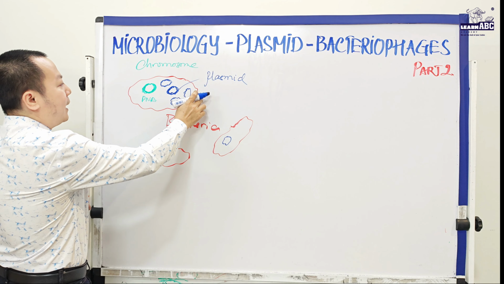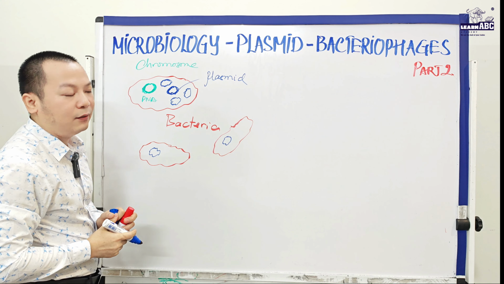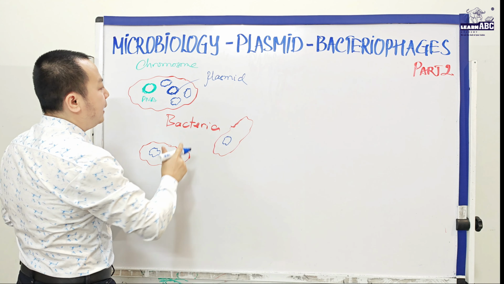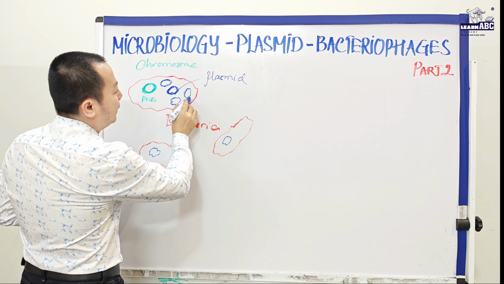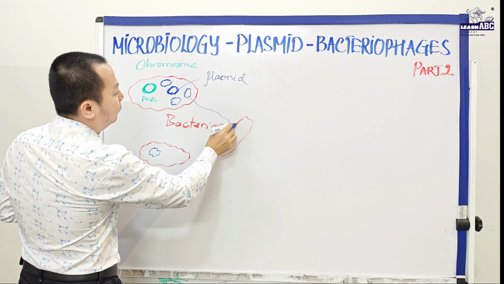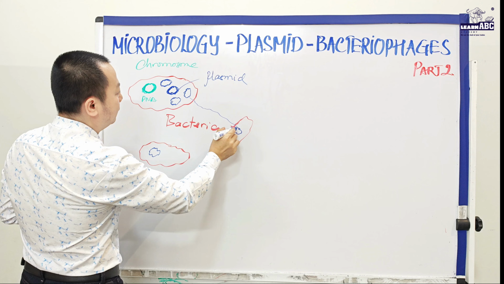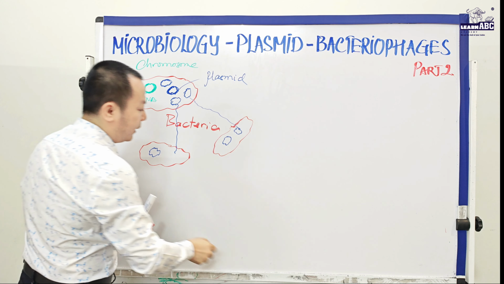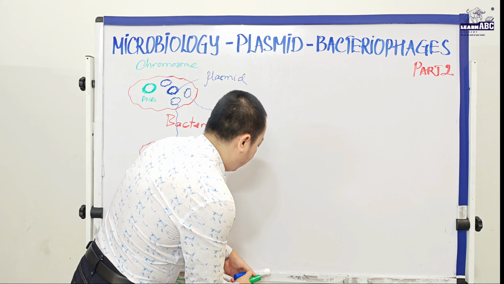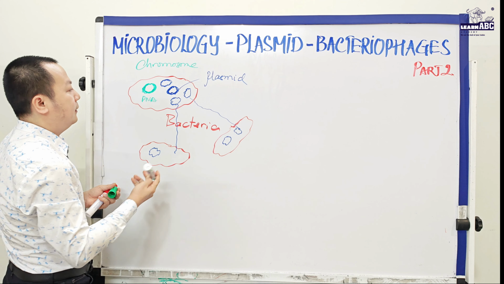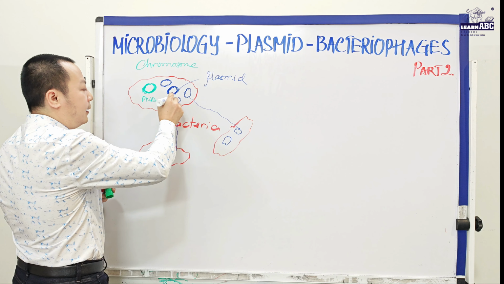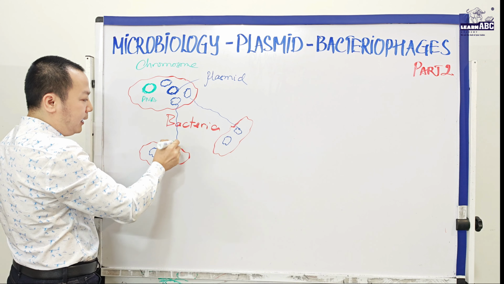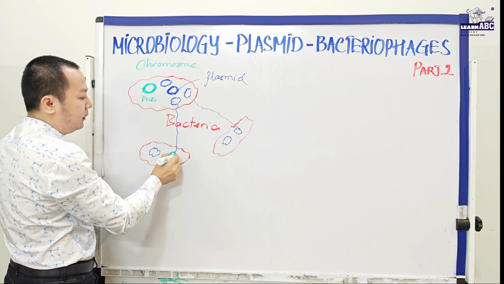This bacteria with the plasmid, when it has a chance, can release its extra chromosome. Let me use another color so you can understand. From the chromosome here, it is released to another bacteria.